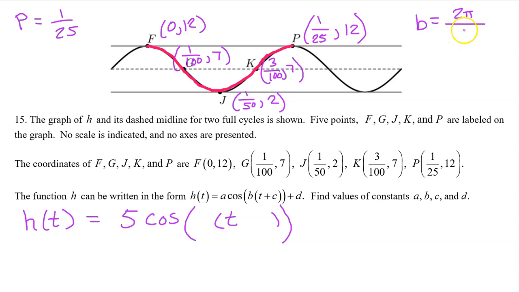So in this case, that's 2 pi divided by 1 over 25. When you divide by a fraction, you multiply by the reciprocal. So b is going to equal 2 pi times 25. Therefore, b is going to equal 50 pi.